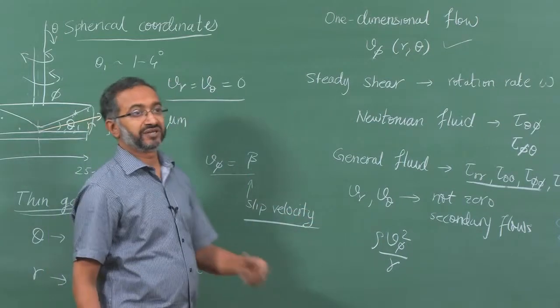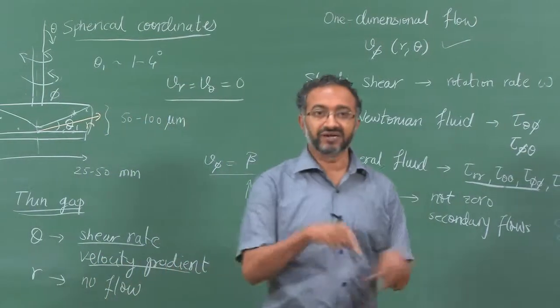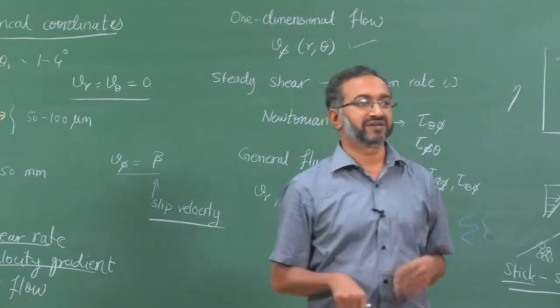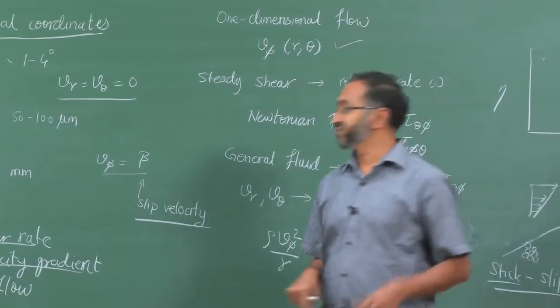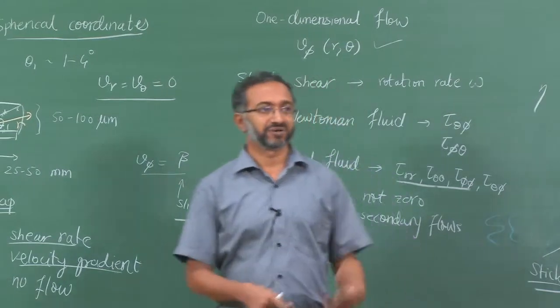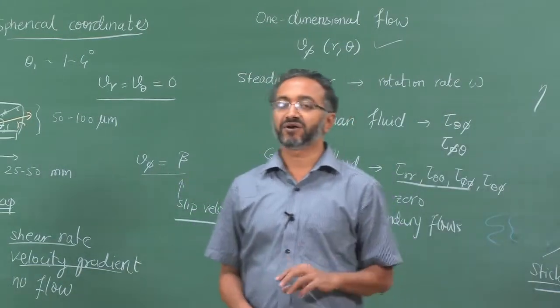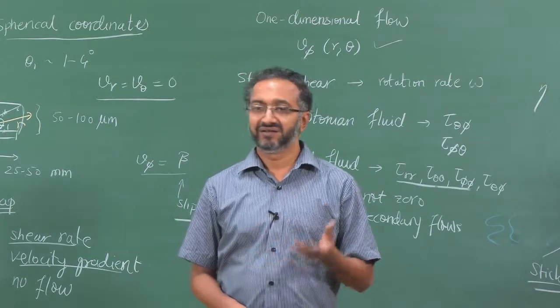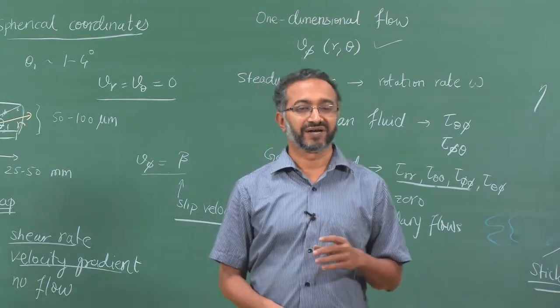It is possible to then redo the analysis, calculate the overall torque that is required, and therefore back calculate the viscosity. We are of course doing the analysis by saying that beta is 0 at the bottom plate. Similarly, at the top plate the velocity is r omega, instead of some fraction of r omega.